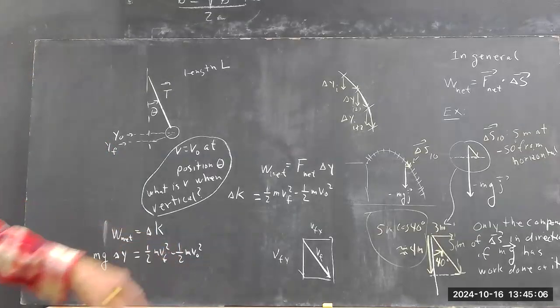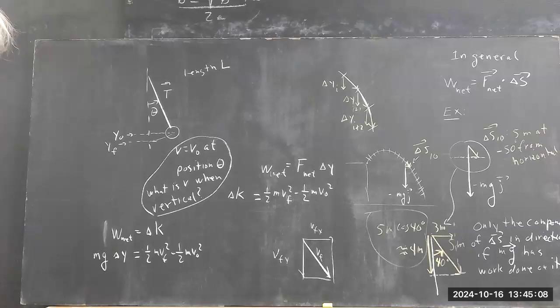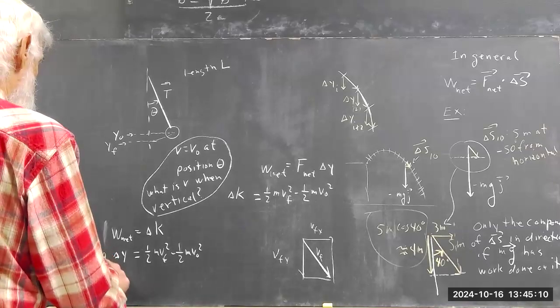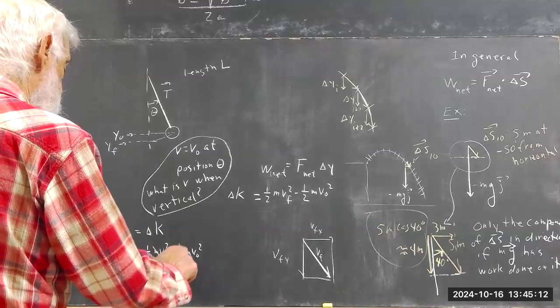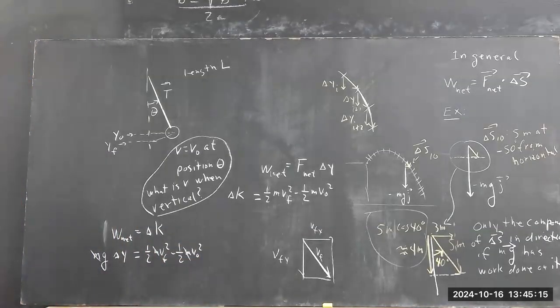That's going to be 1/2 mvf squared minus 1/2 mv naught squared. Okay, you can divide through by m, so I'll just cross that out, right?